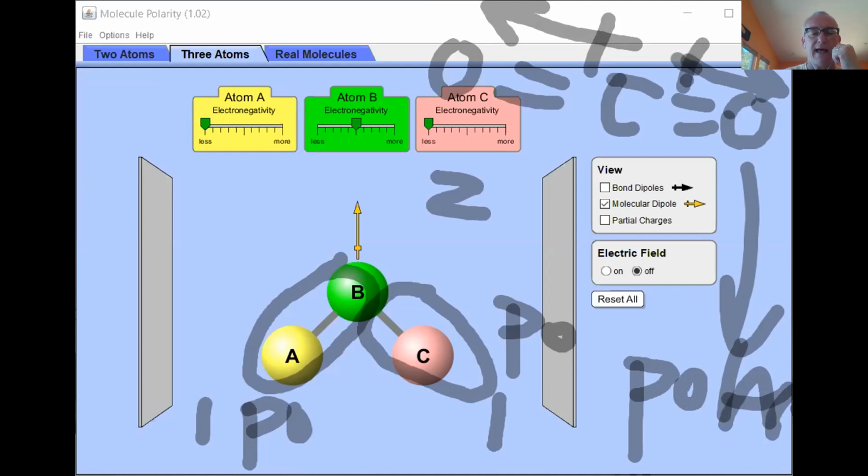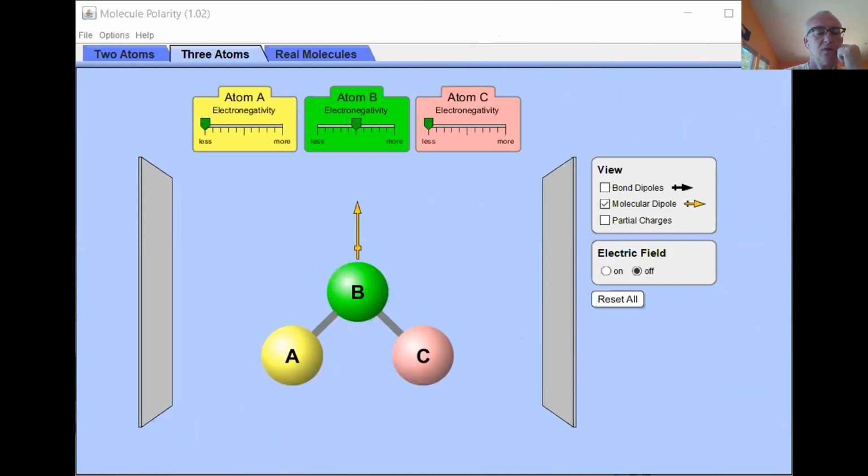So sort of what I'm getting at is, are these additive? So A is less electronegative than B. So we can say that the AB dipole points toward B, right?